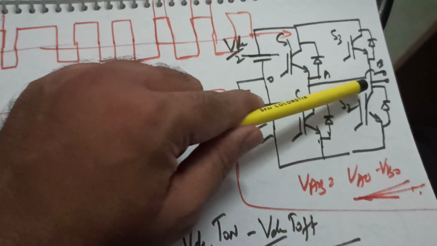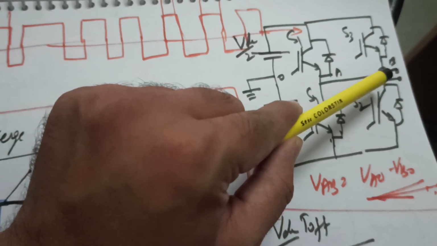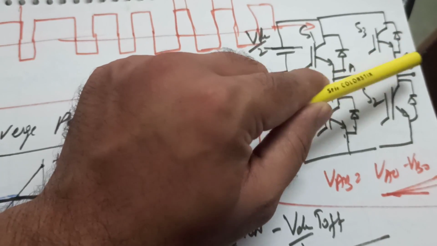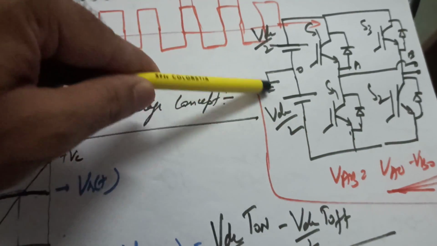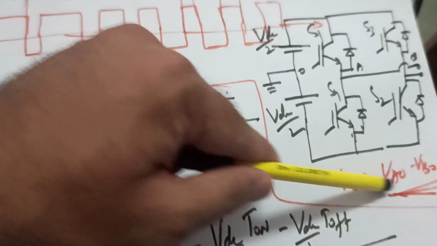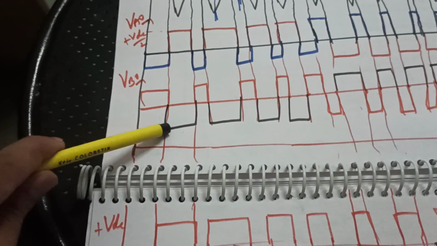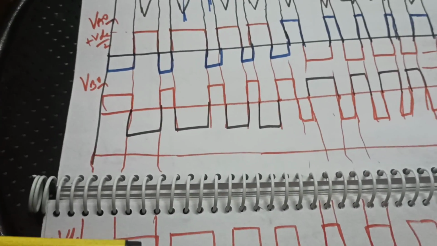Now have a look at this B point. When S2 is conducting, this is the A terminal, this is the B terminal, B gets directly connected to O. So VB0 becomes minus VDC by 2. You can say that this point is minus VDC by 2. Is it clear?